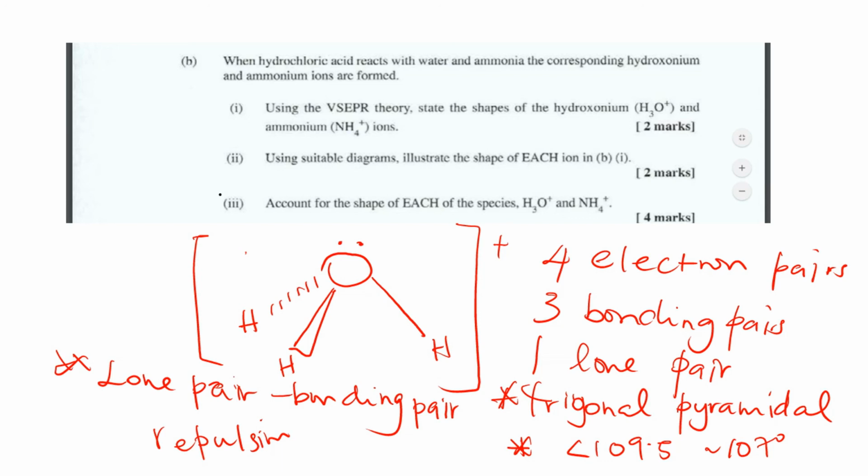However, due to the lone pair repelling the bonding pairs closer together, it does not take this tetrahedral shape, but instead adapts a trigonal pyramidal shape. So that's how you account for the shape of the species.